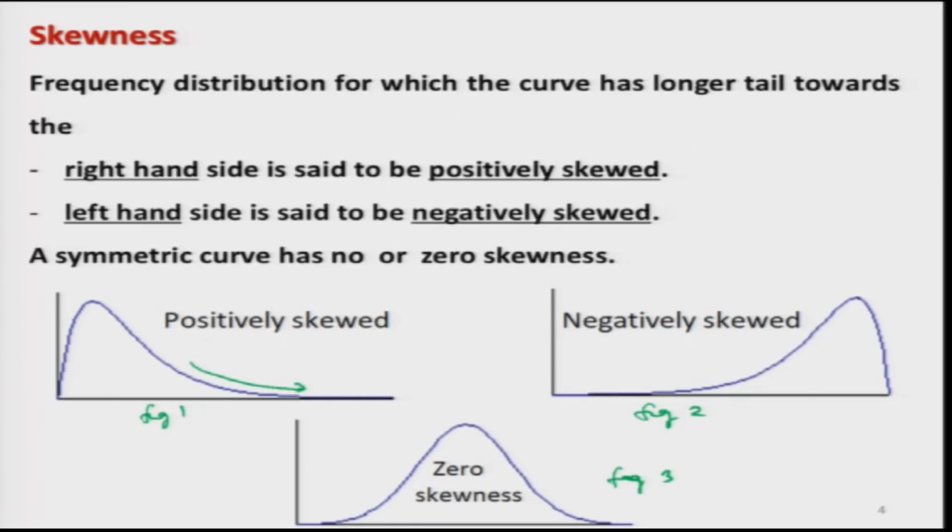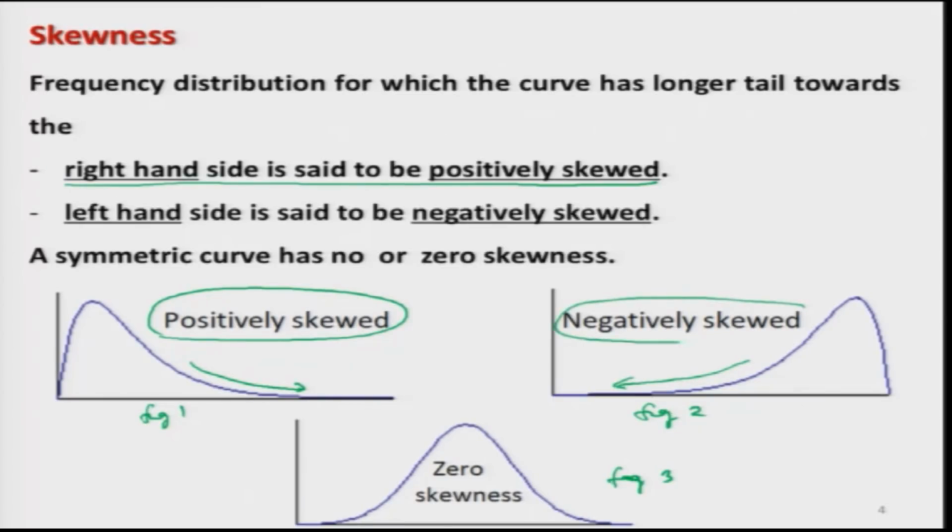When the curve is more stretched on the right hand side, this is called a positively skewed curve. And similarly, if the curve is more stretched on the left hand side, then this is called a negatively skewed curve. And in case of a symmetric curve, we assume that the curve is symmetric and we say that it has got 0 skewness.